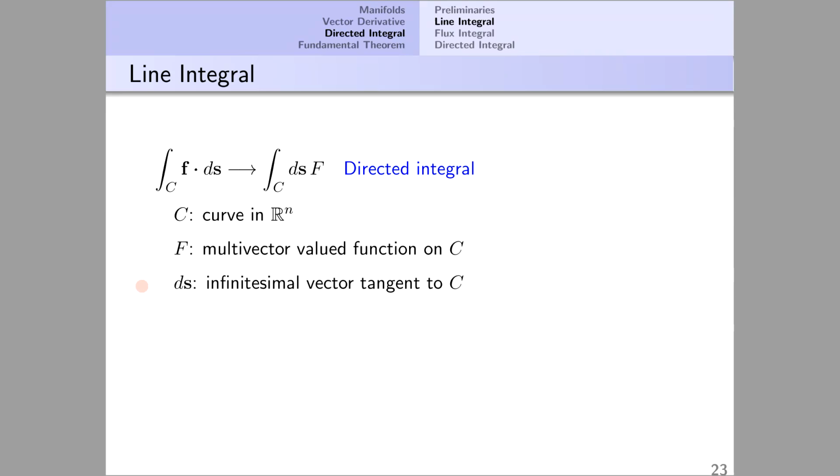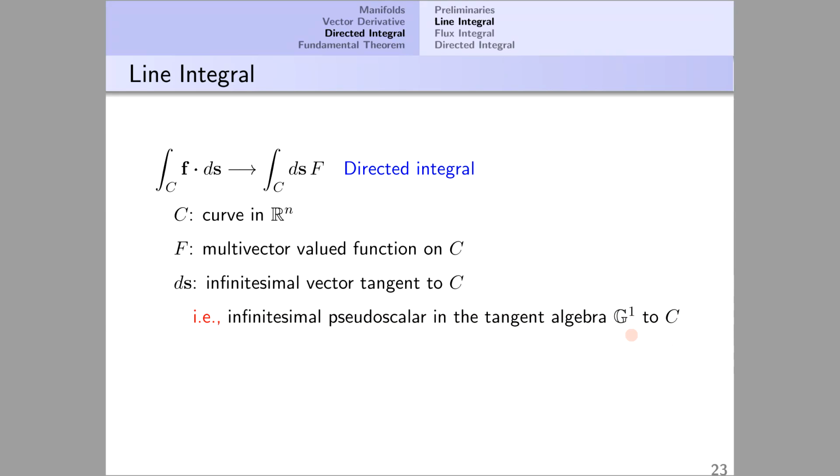I want to look at this infinitesimal vector tangent to the curve a little bit. It's in the tangent vector space to the curve, a one-dimensional vector space. And of course, that one-dimensional vector space R1 extends to the geometric algebra G1, the tangent algebra to the curve.